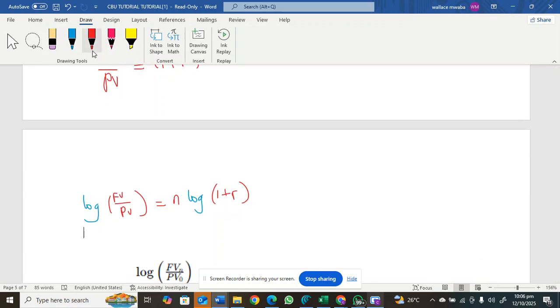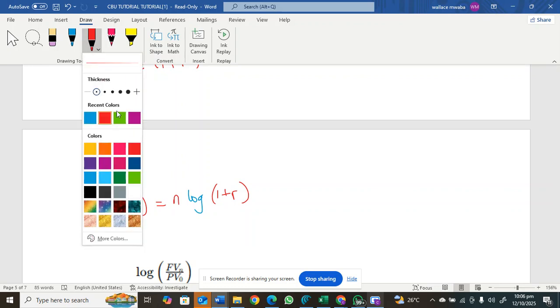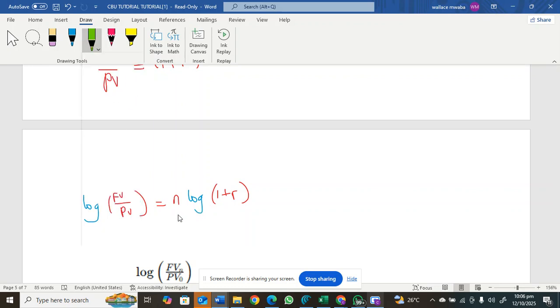So again, you divide both sides by log 1 plus r.